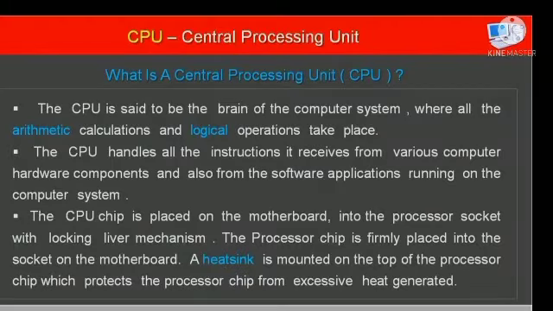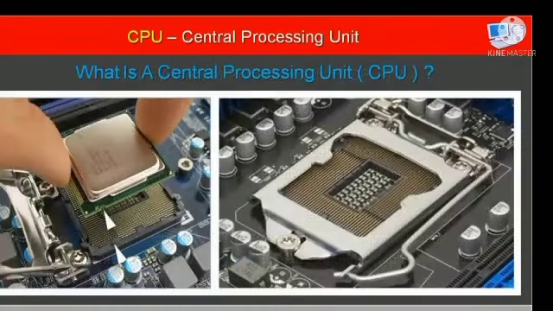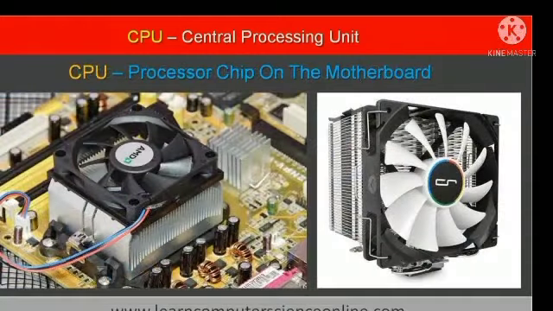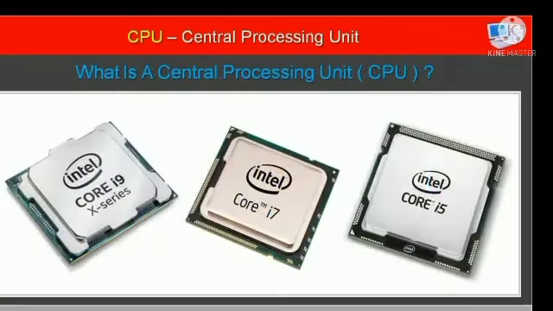The CPU receives instructions not only from the computer hardware but also from the software applications running on the computer system. The CPU is firmly placed in the socket of the motherboard. Also, in order to remove the excess heat from the CPU chip, a heat sink is placed on top of the chip. Through this, the excess heat is removed.